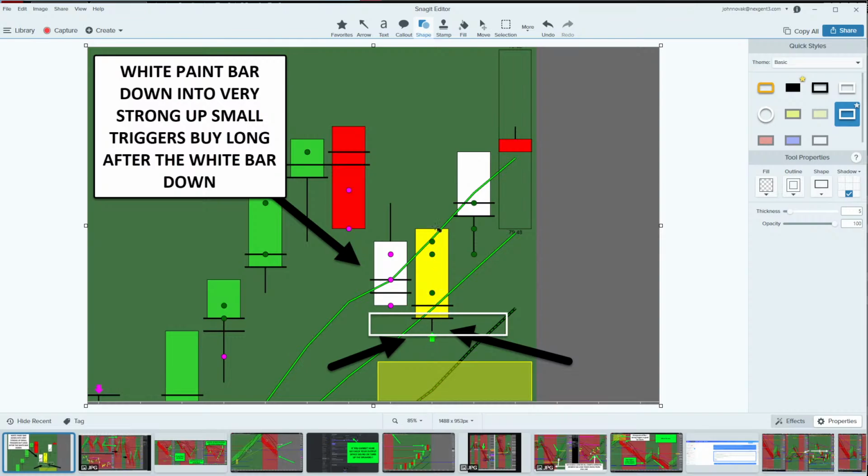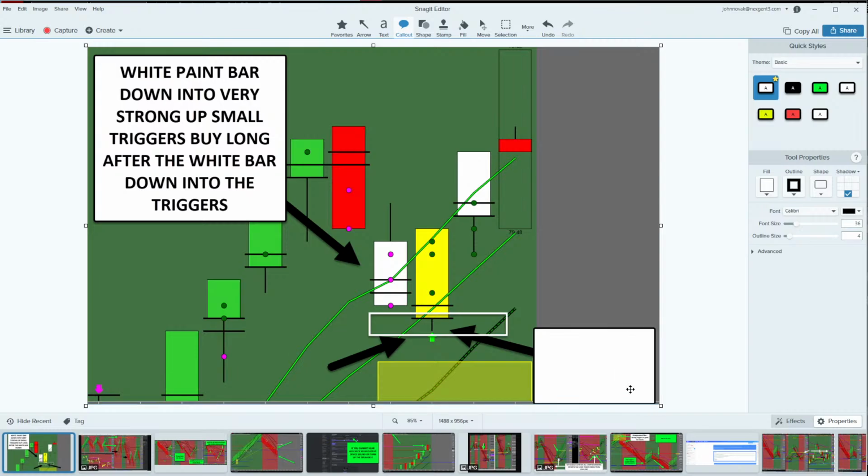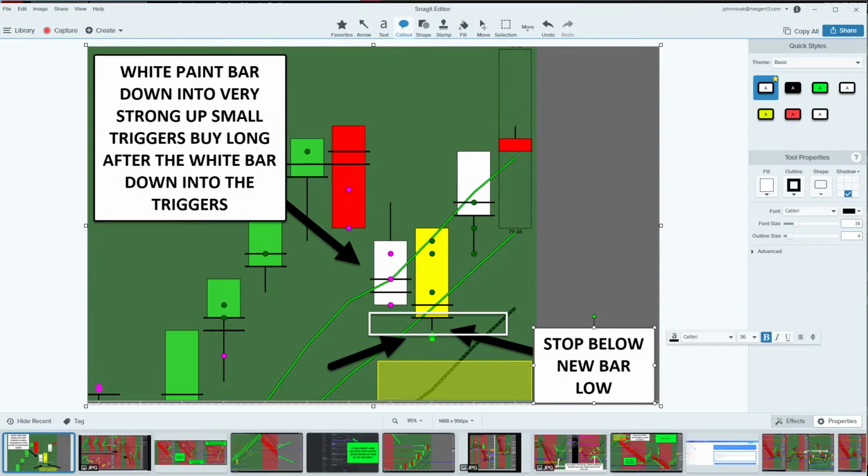So as this starts to go back up, you're literally going to have a two or three tick stop. And if it runs, great. And if it doesn't, you lose a couple ticks and then you can get in close to your area.